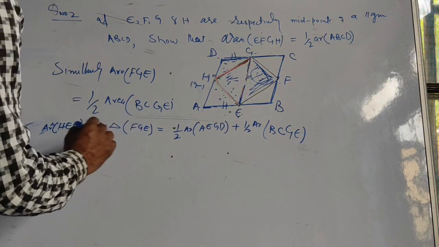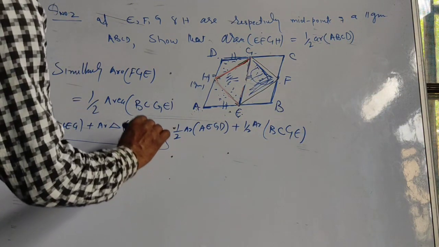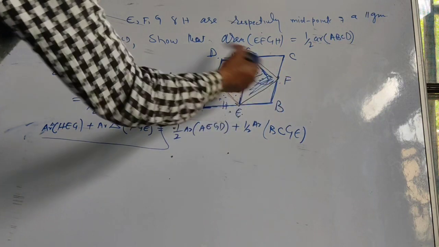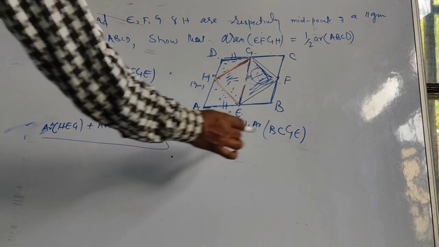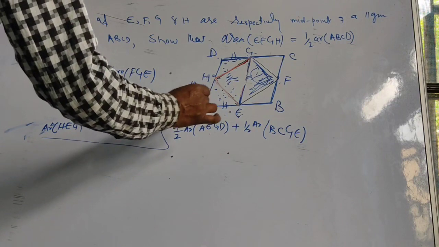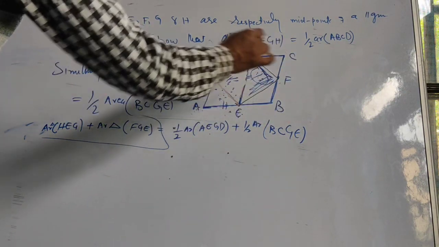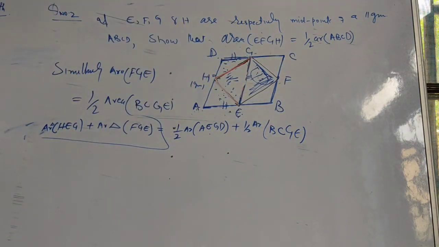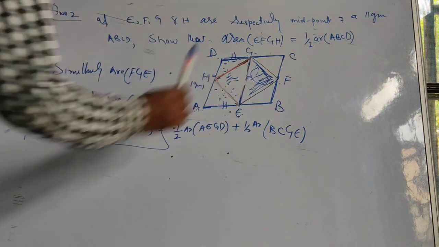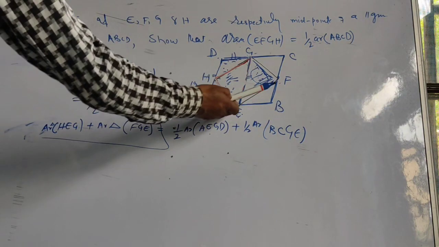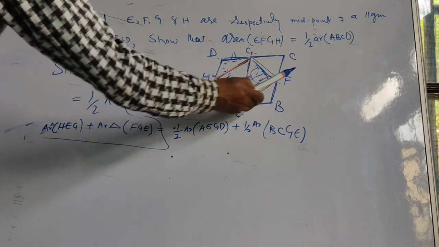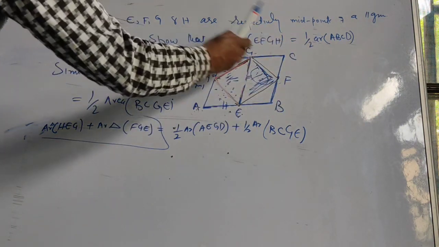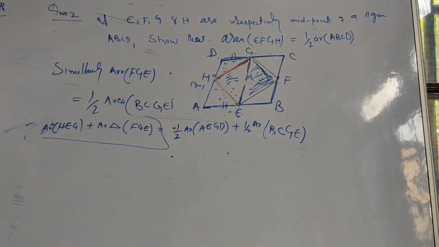These two triangles, when we add them, form parallelogram EFGH, and these two parallelograms form ABCD. Sum of these two triangles form a parallelogram EFGH, and sum of these two parallelograms form a parallelogram ABCD.